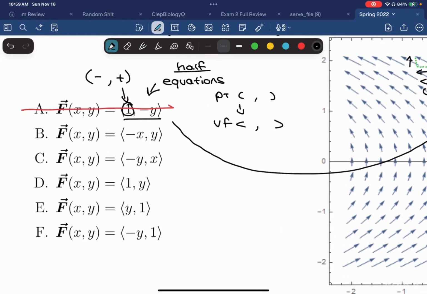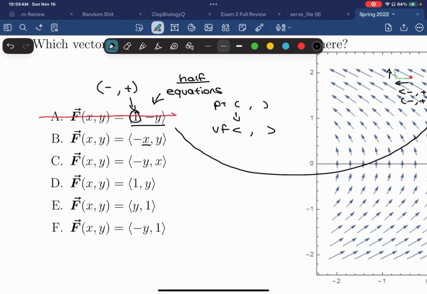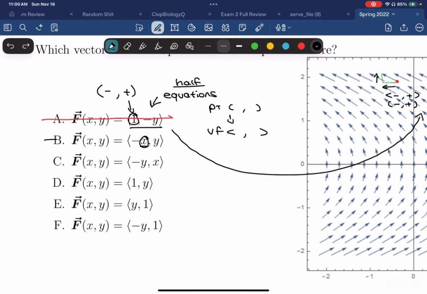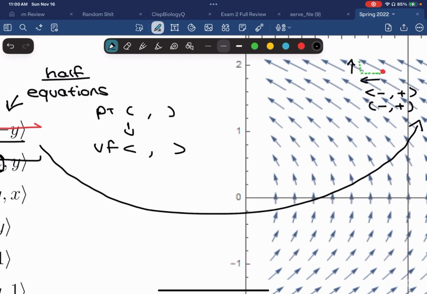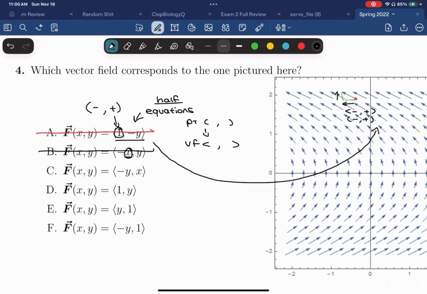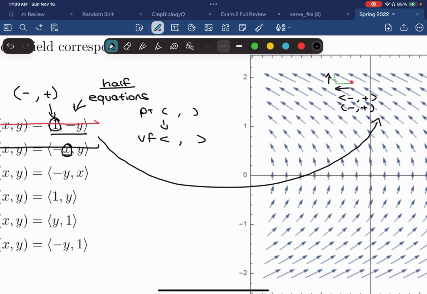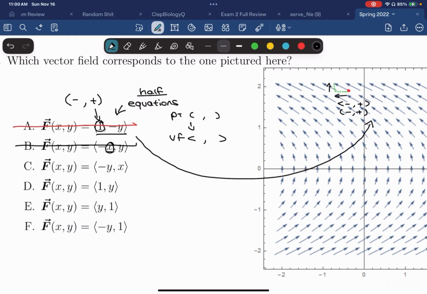But what about this one? This is a negative x, you plug in a negative x, and you get a positive vector. Wait, sorry, I said that wrong. The vector should be negative, and since you plug in a negative point and get a positive vector, that can't be right.